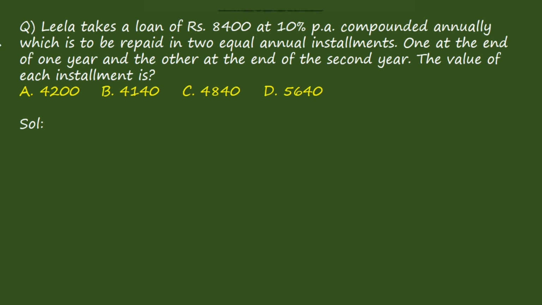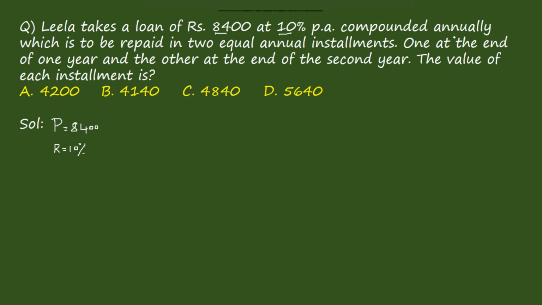First, to understand the question, they are saying that Lina took a loan of rupees 8400 at 10% per annum. So the principal value is 8400, and the rate is 10%.